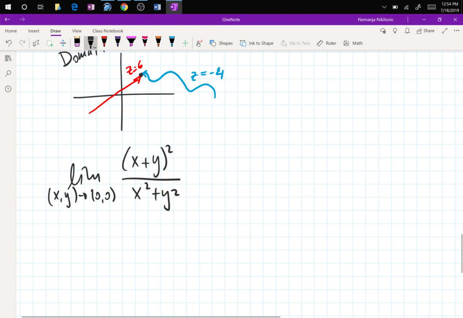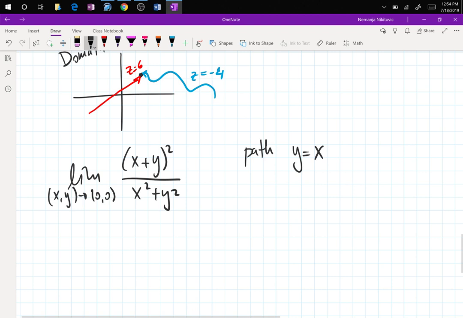So what you do is you say, let me check the limit if I approach on the path y equals x. So what you have done is you just killed a whole dimension. All right? You made a two-dimensional approach one-dimensional because you established a line on which you are going to walk, and when you are walking on a line, you can only go back and forth. You can't go in space, left and right.